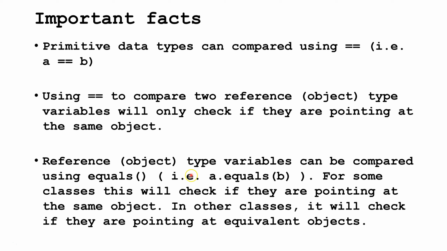Also, reference, object type variables, can be compared using the equals method. For example, A.equals B. For some classes, this will check if they are pointing at the same object, much like using double equals. In other classes, it will check if they are pointing at equivalent objects, and we'll discuss that more later.